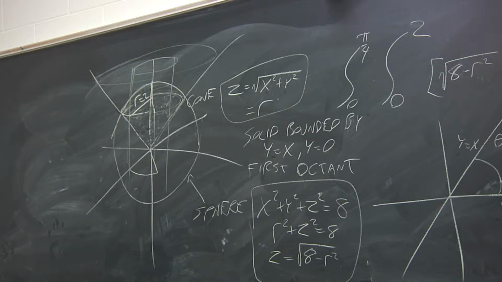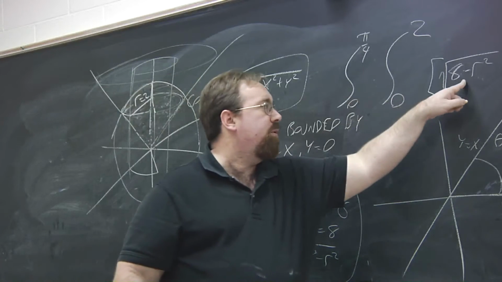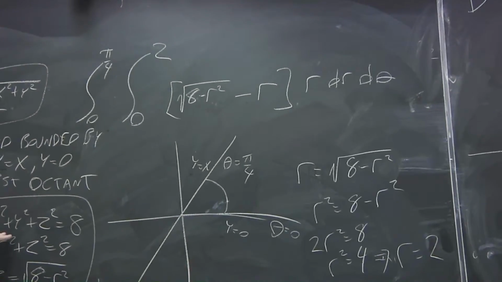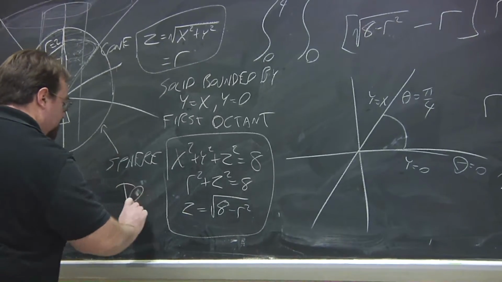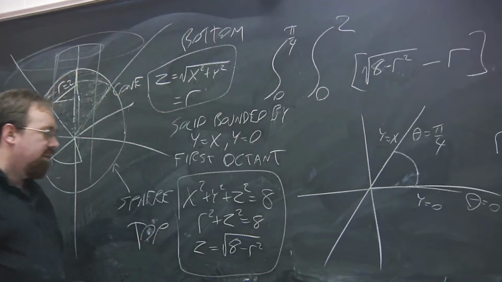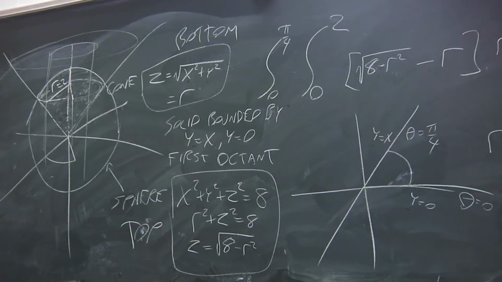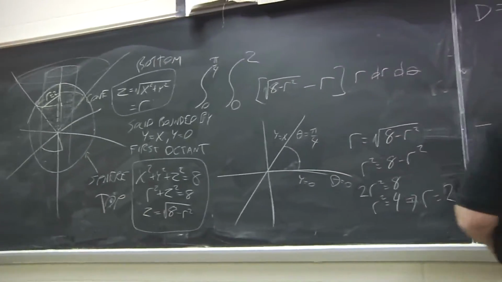Alright. And because this is the top surface, this is the one that's on top, that's why this one goes first. Compute the volume of this oddly shaped bite of a snow cone.